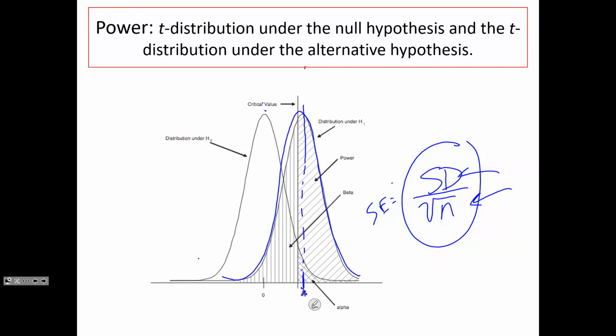But I think the important thing is this is the non-central distribution, this is the central distribution. The non-centrality parameter is really when we take our guess about what the mean difference is, divided by, again, the standard error. That's really what we're talking about for the non-centrality parameter.